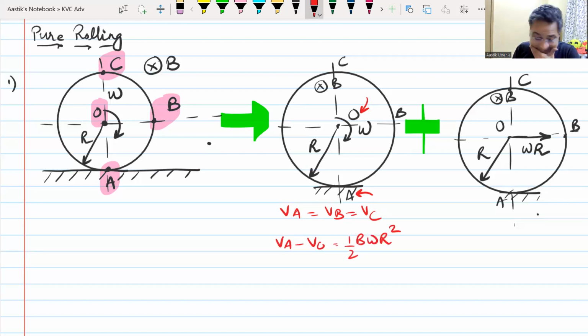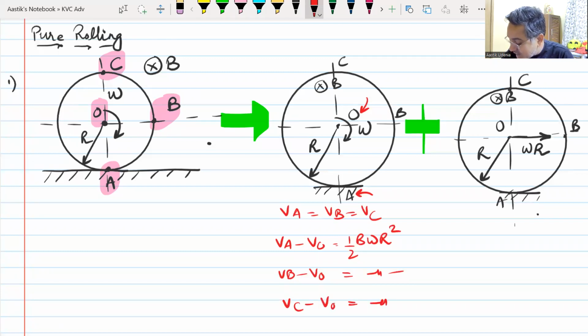Do we understand this? Yes. That will also be equal to VB minus VO, that will also be equal to VC minus VO.